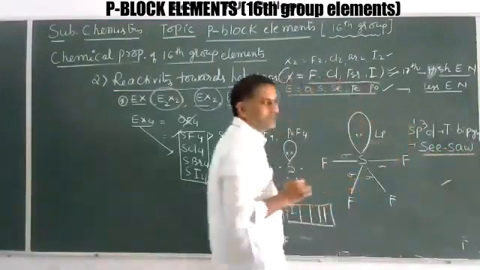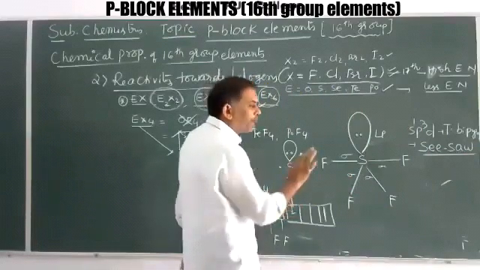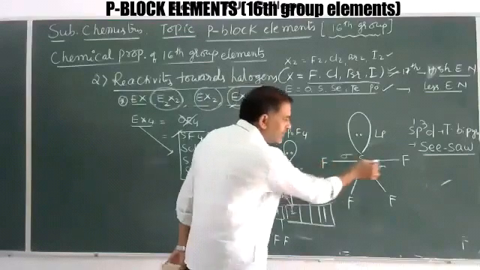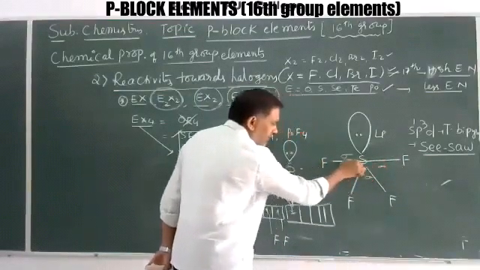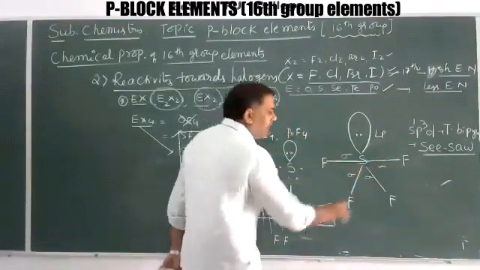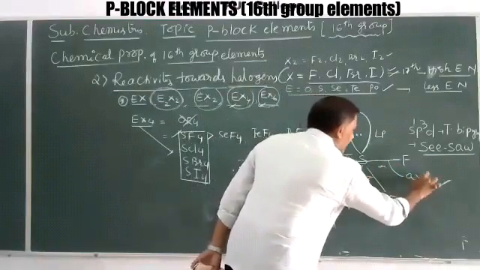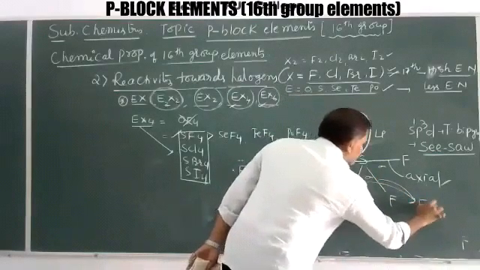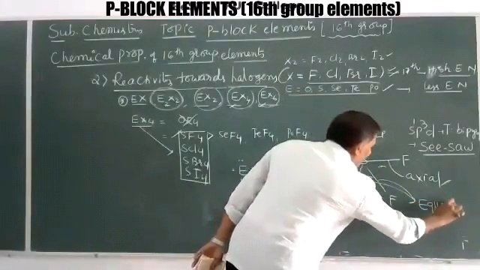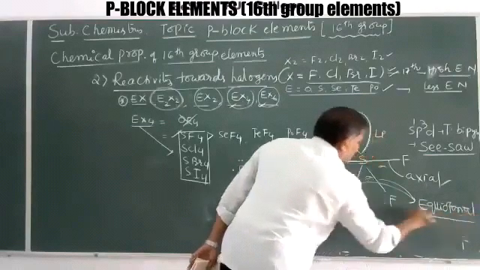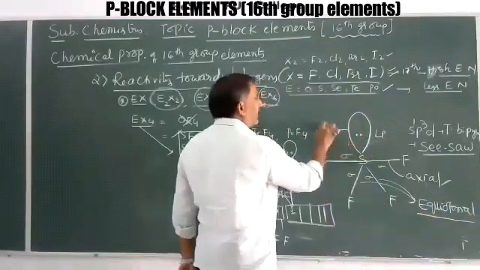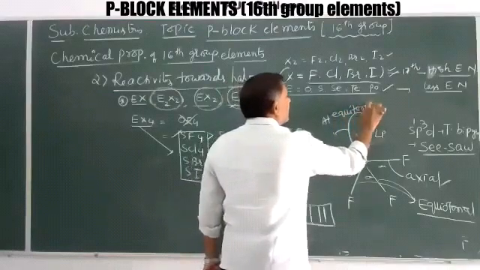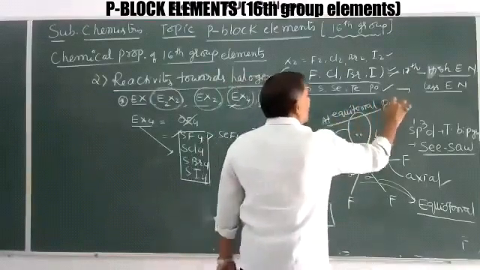Very important. Now here 5 bonds are there. Among these 5, 2 are the axial bonds. These are the axial bonds, but these are the equatorial bonds. In the equatorial position, 1 lone pair is there.